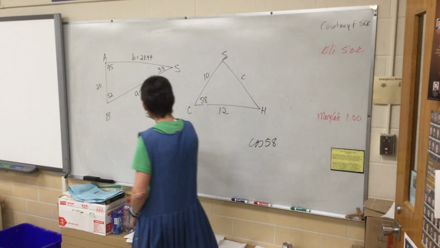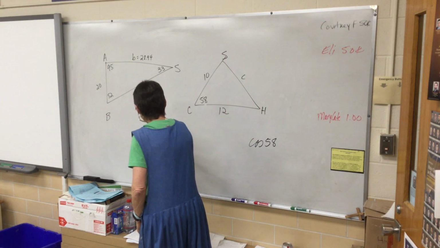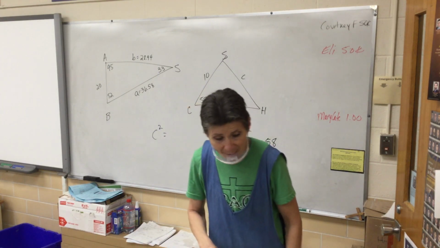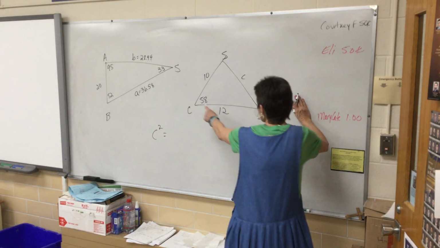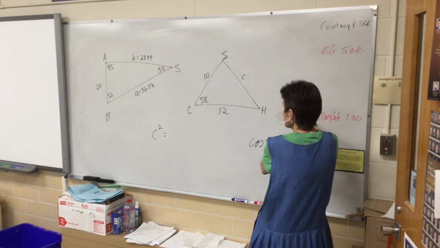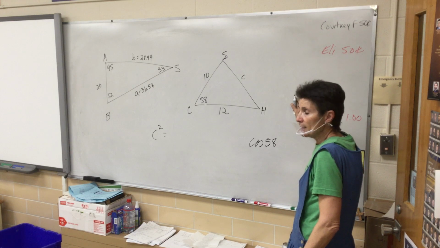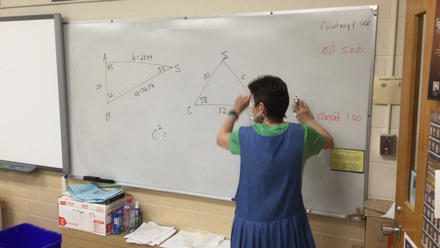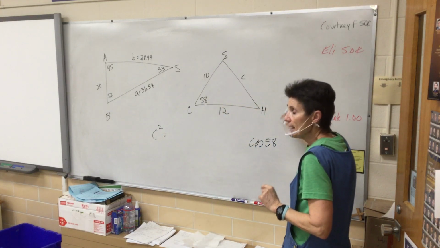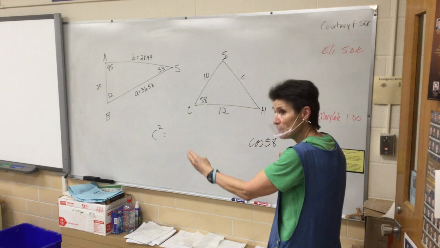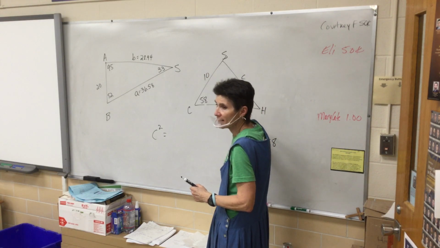At the other end of this big long equation is going to be the square of the side that matches that angle. So if I'm putting angle C out here at the end, cosine 58, then I'm putting side C squared down here. If I were using cosine S, if I knew what S was, then this would be S squared. And then everything in the middle is a combination of these two sides.